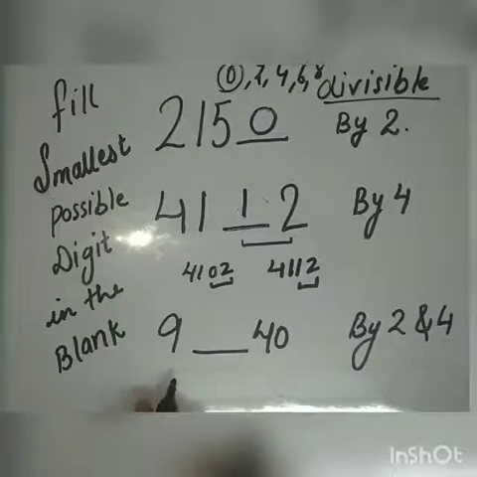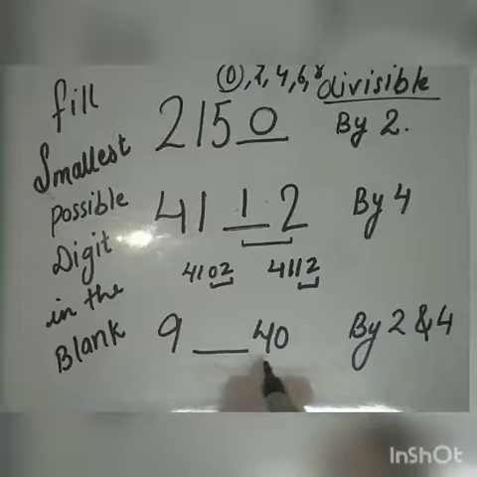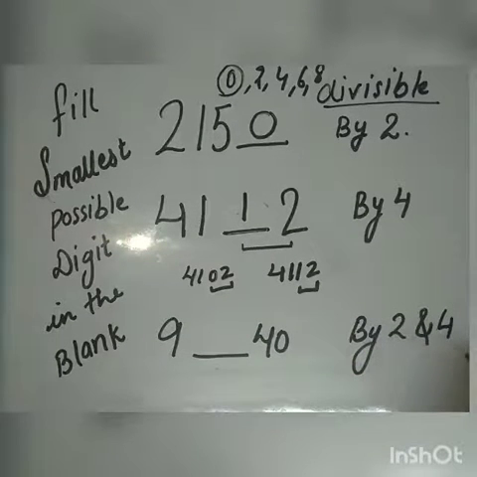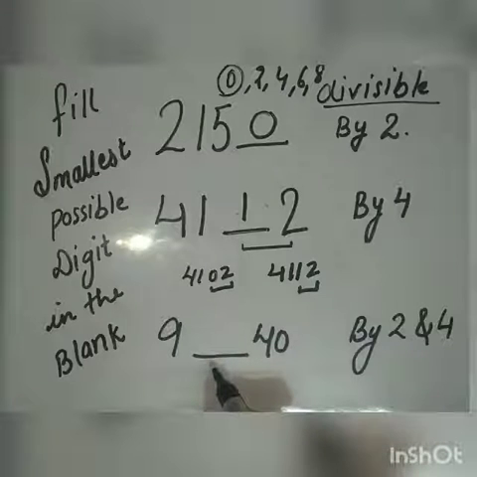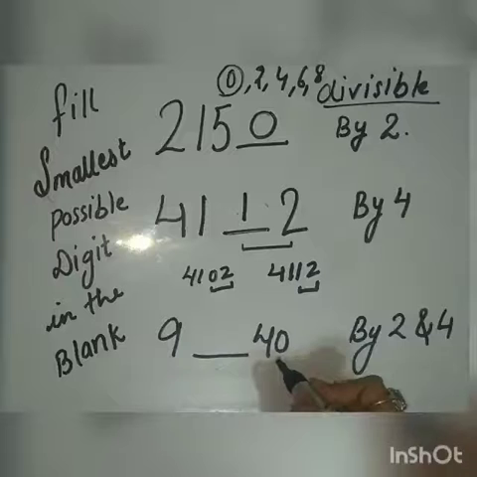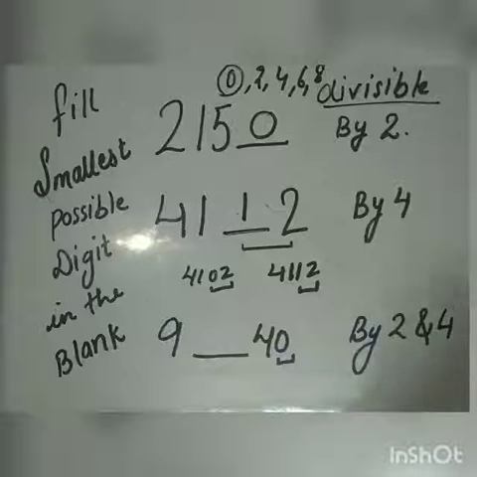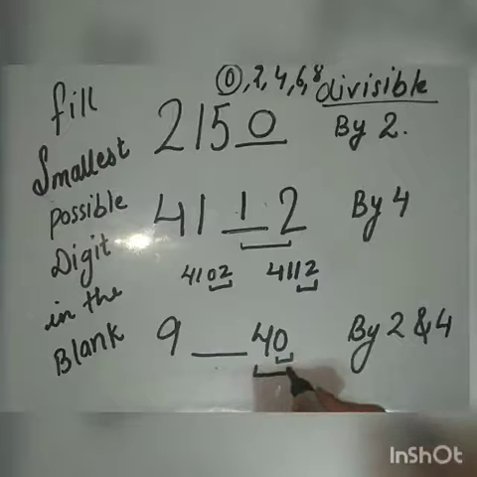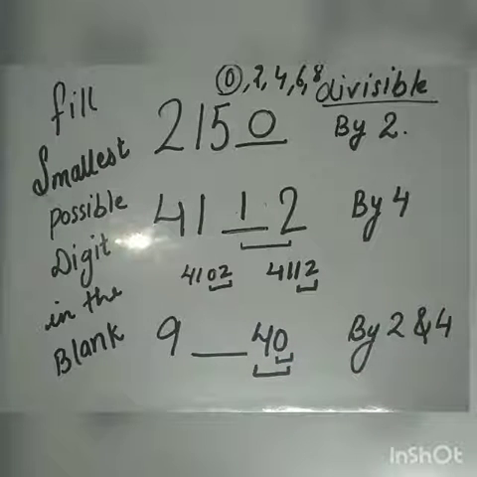In the third question, 9 blank 40, this number should be divisible by 2 and 4 and we have to fill the smallest possible digit. The condition of 2 is fulfilled, 0 is at the ones place. The condition of 4 is also fulfilled. The number 40 is divisible by 4.